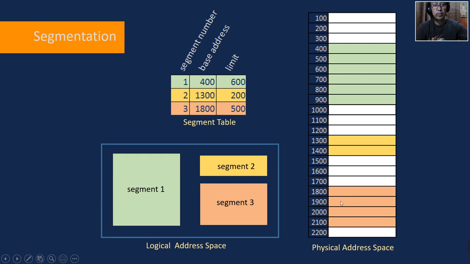So 1, 2, 3, 4, lacking 5. So it should be from 1800 to 2200. So you have 3 segments of different sizes, and as you can see, there are some segments here that are not used, not pages, some segments.